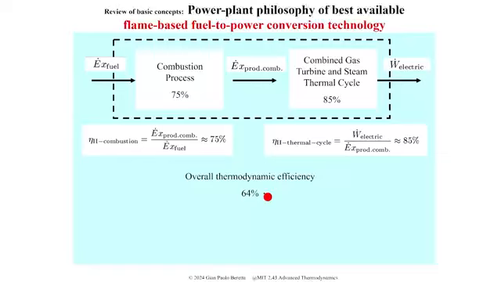And that's the explanation of why. So 64 means that we are wasting 36% of the exergy. And where is that wasted? Okay, 25 here, and another 15 or so more or less here.